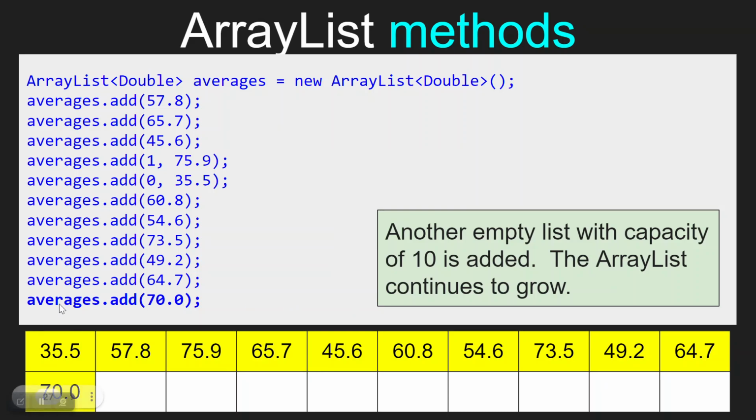So as soon as I add an 11th value, averages.add(70.0), that adds another list of empty spaces, and it just continues to grow from there. That's one of the reasons why ArrayLists can grow: as soon as you go past the value of 10, it just adds another list on there and continues from there.